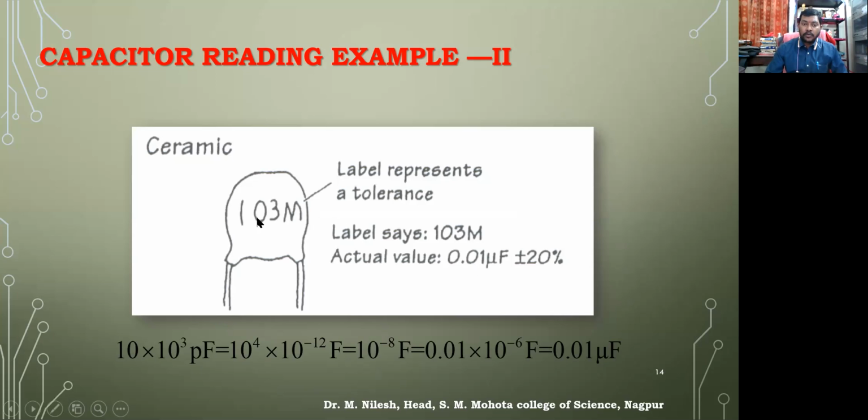Earlier it was 104, so we took 10 raised to power 5. Here it is 3, so the multiplier is 10 raised to power 3. 10 raised to power 4 into 10 raised to power minus 12 is 10 raised to power minus 8 farad. If you shift the decimal point, we have 0.01 into 10 raised to power minus 6 farad. So we have a 0.01 microfarad capacitor.